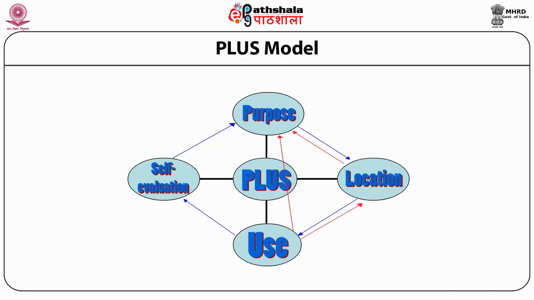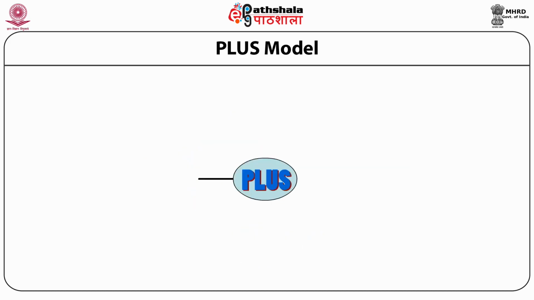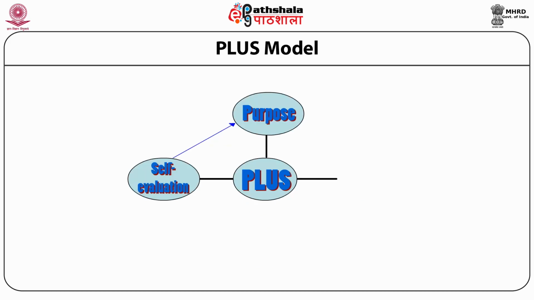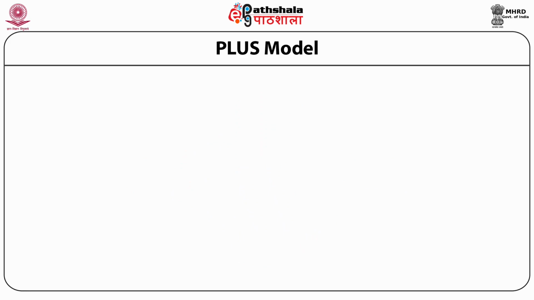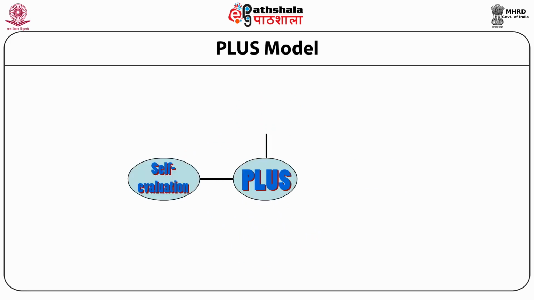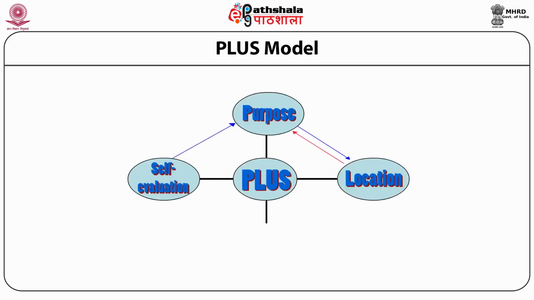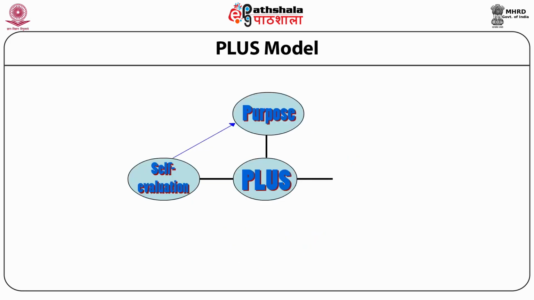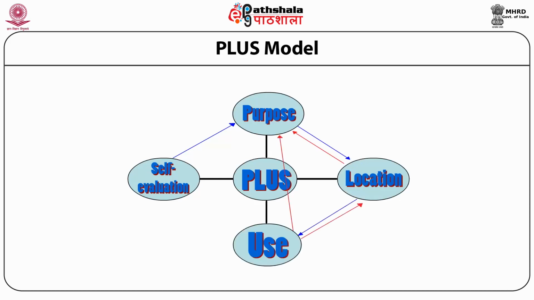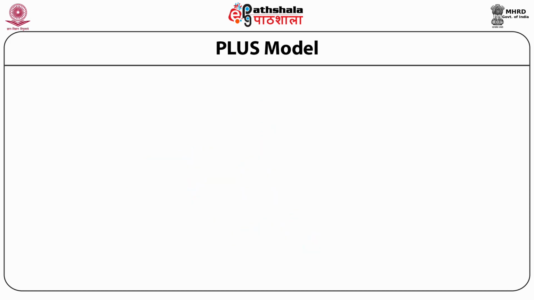The third stage is use. This stage includes tasks such as evaluating the relevancy of retrieved information, skimming and scanning information, taking notes, presenting and communicating information, and writing a bibliography. And the last stage is self-evaluation.